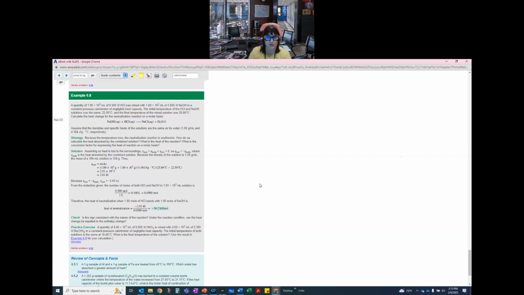Therefore, the heat of neutralization when 1 mole of HCl reacts with 1 mole of NaOH is negative 2.81 kilojoules divided by the 0.050 moles present, and that gives me negative 56.2 kilojoules per mole. That's awesome. Okay, so we can use those pieces of information to do calculations.